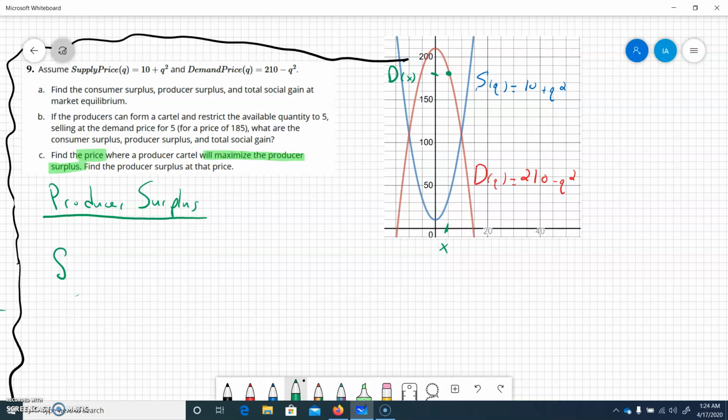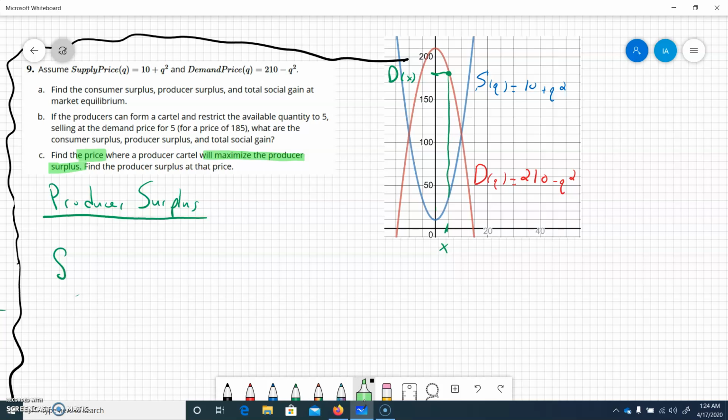So what does that mean? It means we need to come down here and we need to kind of mark this off. This is the price point we're talking about, and just because I put it somewhere doesn't mean it's that value. It's just a representation right now. So all of this is above the supply curve, so it is a gain for the supplier or the producer.